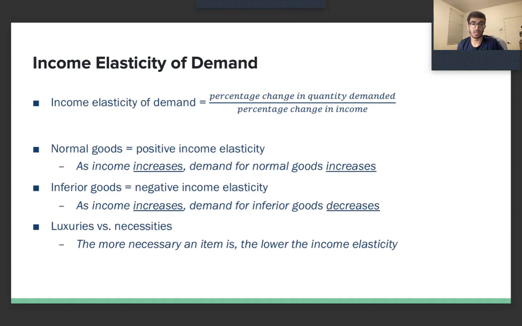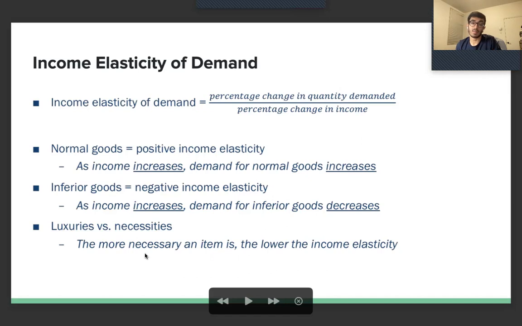For instance, let's think of a black and white TV. That's the most used example in economics, I guess. A black and white TV is an inferior good because a normal good for the same category would be a colored TV. So once your income increases, you would want to have less of the inferior good and more of the normal good. So that's how the logic works.